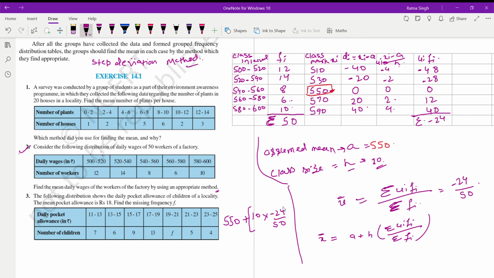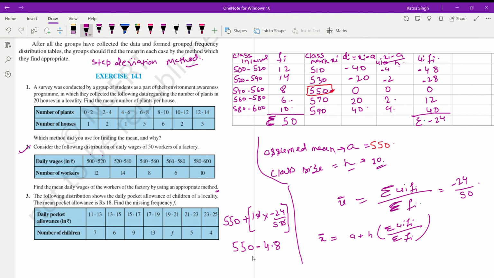So we'll solve this first. 0 will be cancelled, and it will be 550 minus, when we divide minus 24 by 5, it will be 4.8.